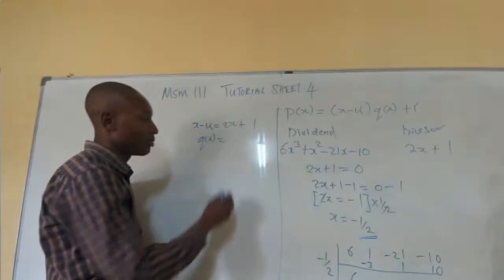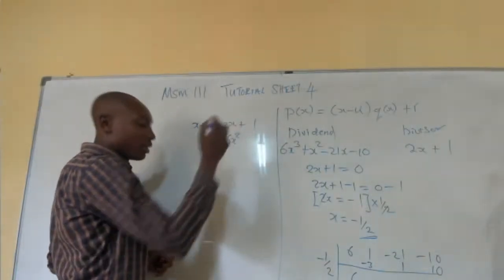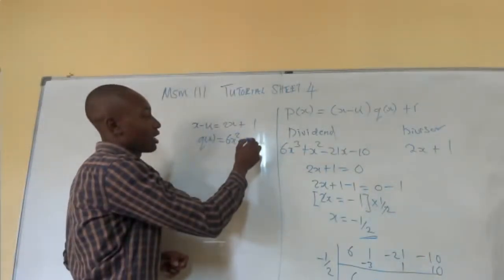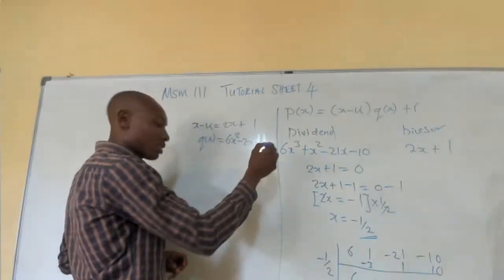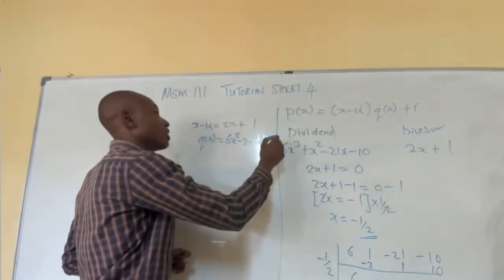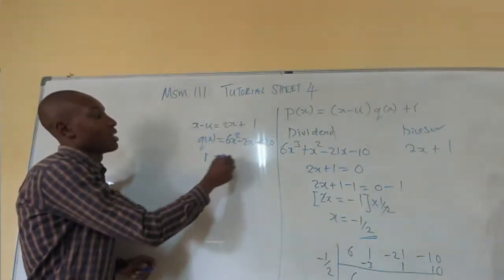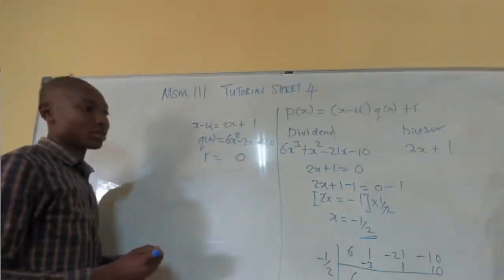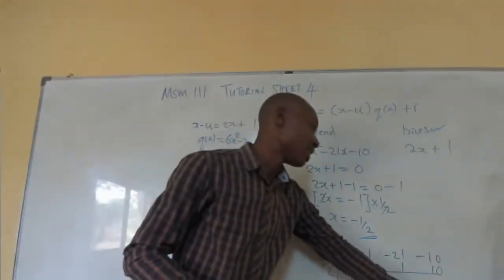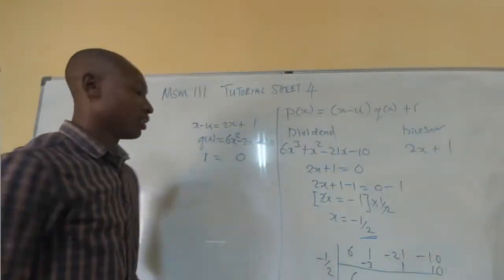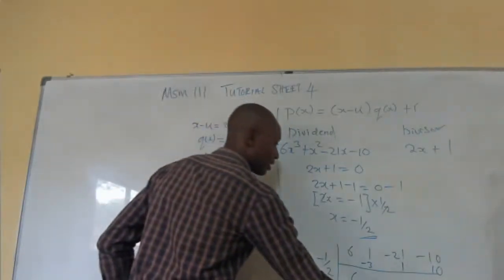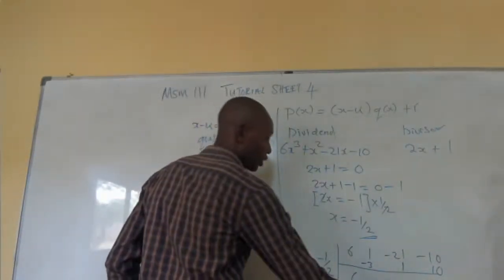So qx now becomes 6x squared minus 2x minus 20. Okay, so that is qx. Then what is our remainder? Our remainder is 0. Okay, so this last number is always the remainder. Then this is the coefficient of the quotient.